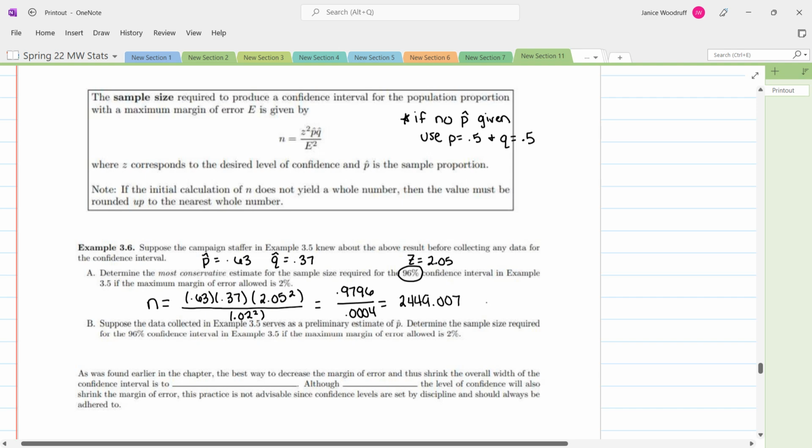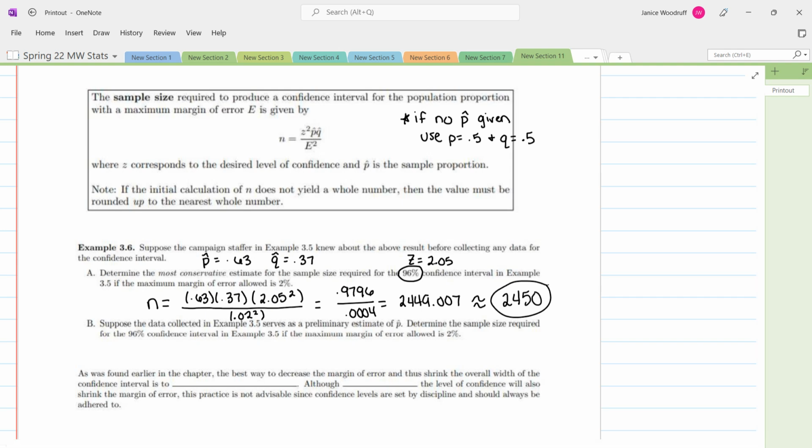Okay, you gotta round up. A lot of you on your test, when we were doing this, didn't round up and you gave me the exact decimal. I did not take points off for that, but you need to round up. You can't have 0.007 of a person. You have to round up.